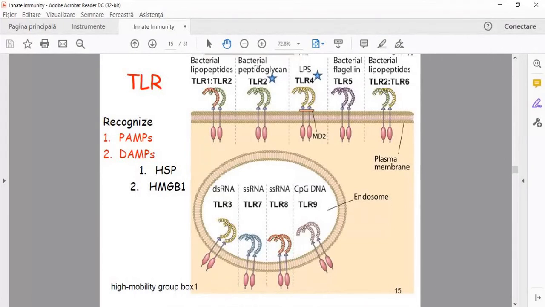It's important to keep in mind that toll-like receptor 2 recognizes peptidoglycans, and toll-like receptor 5 recognizes flagellin. If you look in here, you will see that in their structure, all these toll-like receptors are dimers. Yes, all of them.